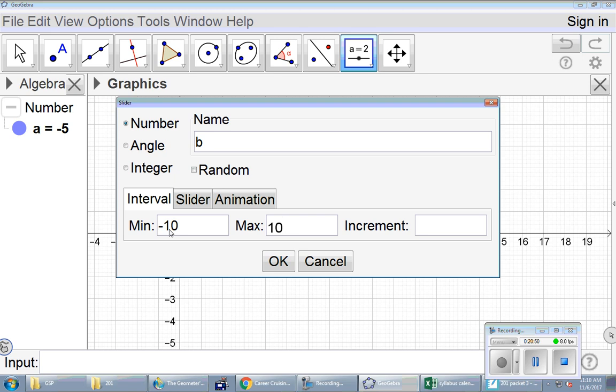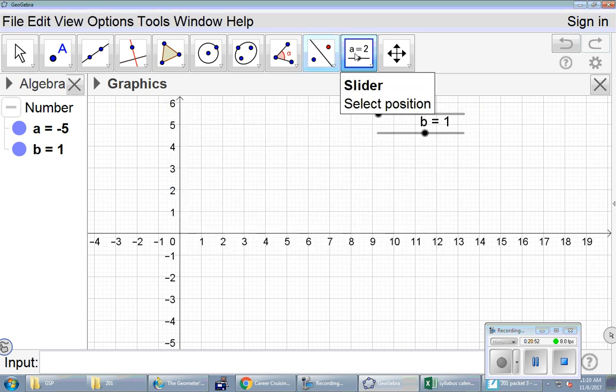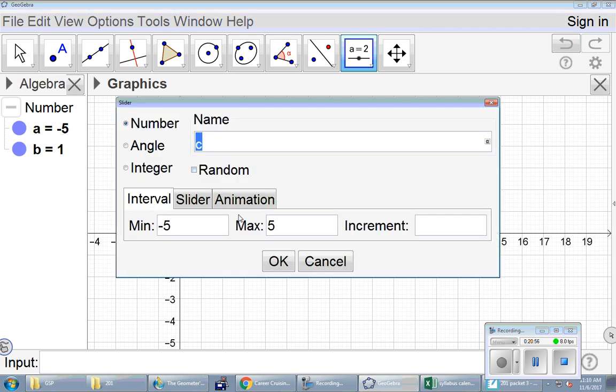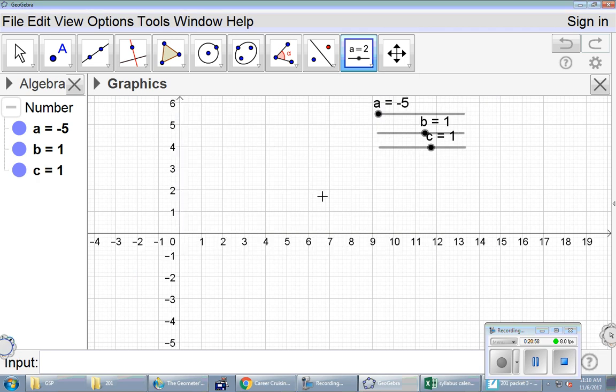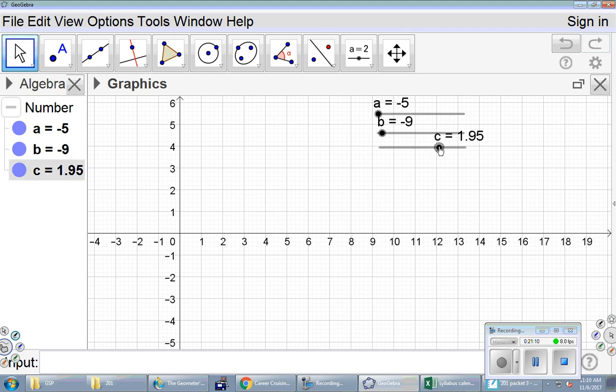And that's fine there. And then our C was, you said 2 or -2? 2. Okay, so -5 to 5 is fine there. All right, so I've got my 3 sliders all ready to go here. I'll set these up so that they are on the same numbers so that it looks like our graph. So I think -9 was this one, and then +2.